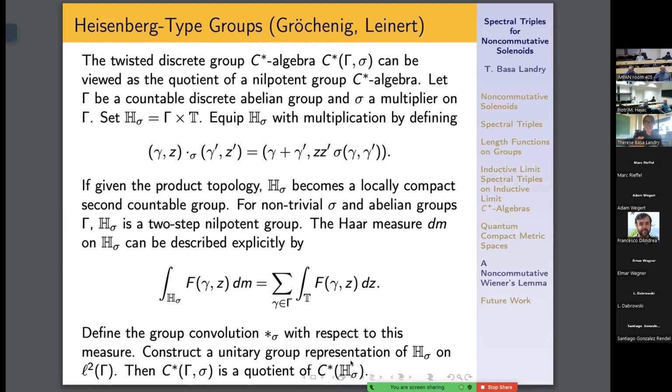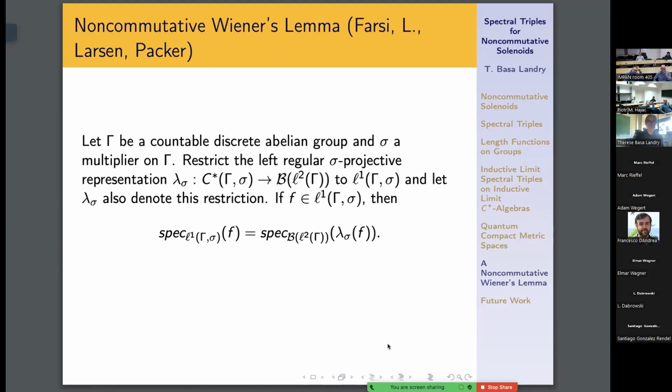And so being able to view our twisted group C-star algebra in this lens, that's what allowed us to get our non-commutative Wiener's lemma. So this allows us to get the spectral invariance of the twisted L1 functions in the L2 functions.